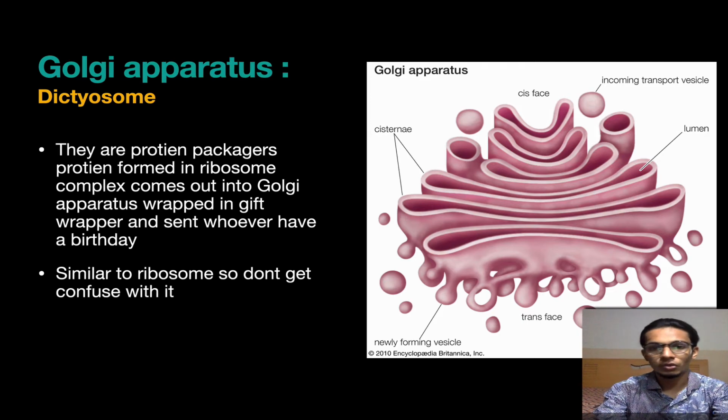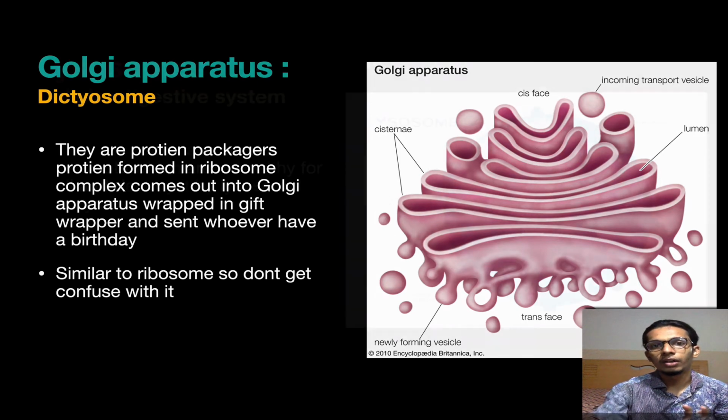They are similar to ribosomes, so don't get confused. Yes, they are very similar to ribosomes because both organelles have functions in the protein. Sometimes we can get confused between Golgi apparatus and ribosomes, because ribosome is also manufacturing protein, but the Golgi is a packager. It just shapes the protein, while we have another thing which is ribosomes, and ribosomes make two units.